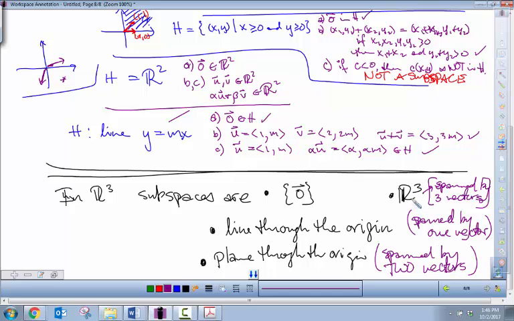So R3 is spanned by 3 vectors in 3-dimensional space. A plane spanned by 2 vectors is a 2-dimensional space. And a line spanned by 1 vector is a 1-dimensional space. The only subspace of Rn that describes an n-dimensional object is all of Rn, because it would be spanned by n linearly independent vectors.